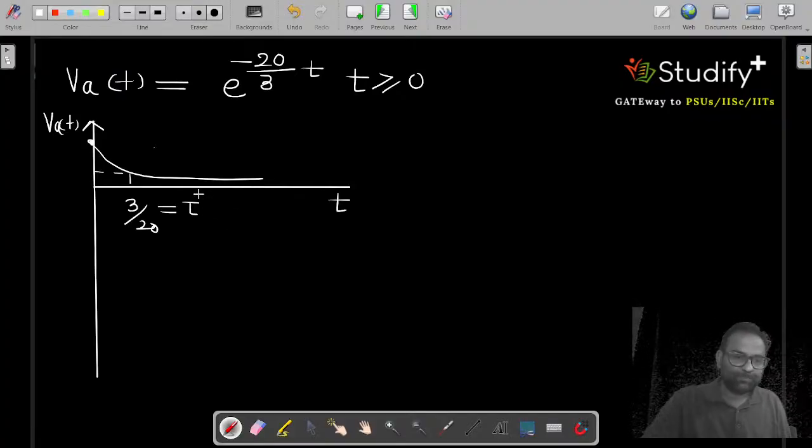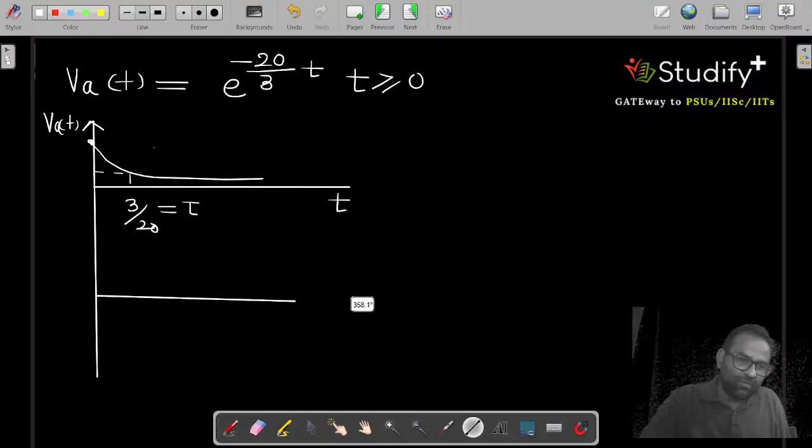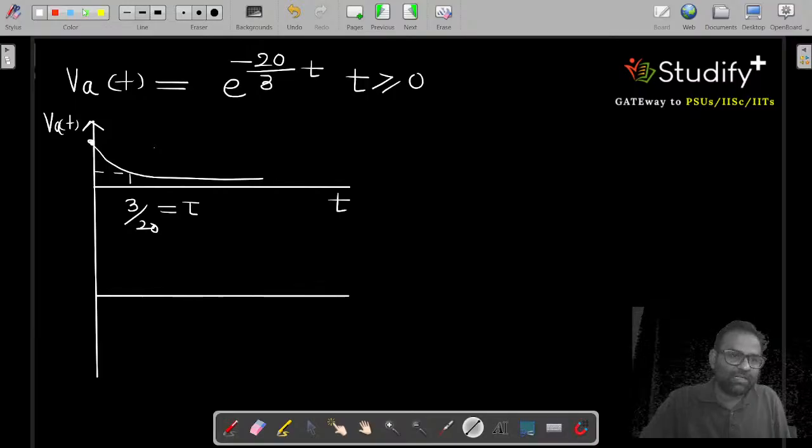What is the next thing we have to understand? The next thing is the position of current across the inductor, and I can say the position of current across the inductor is given by this. If we are interested in current, how will you draw it?